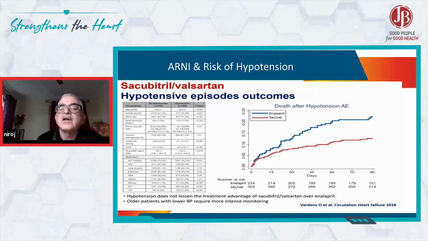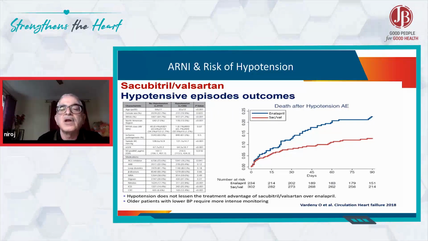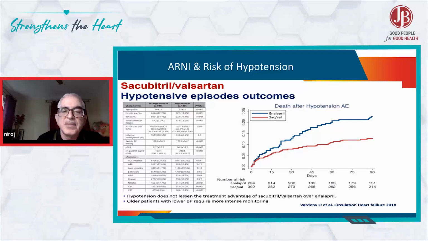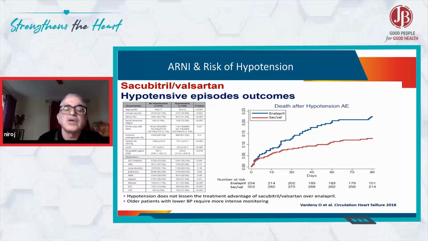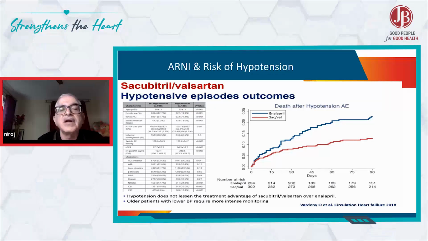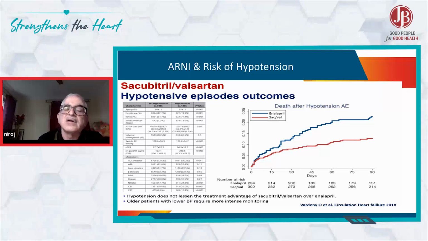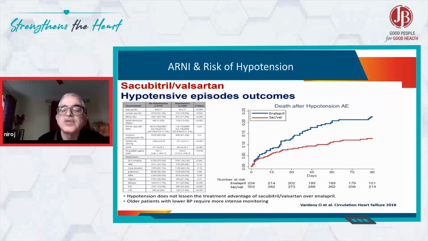The risk of death and hospitalization for heart failure is also significantly reduced in comparison to enalapril. So even if the patient develops a hypotensive episode, the main primary endpoint was also significantly reduced in those patients, and the death due to hypotension appears to be much less in comparison to enalapril.